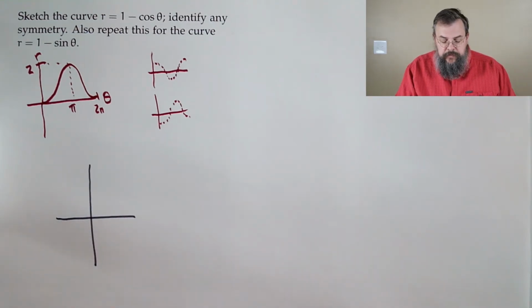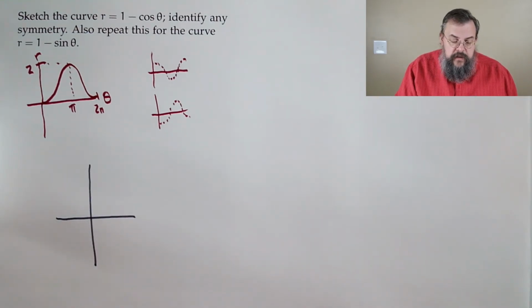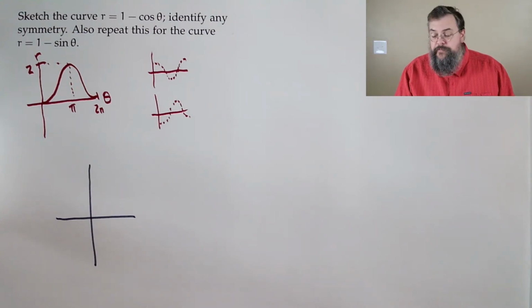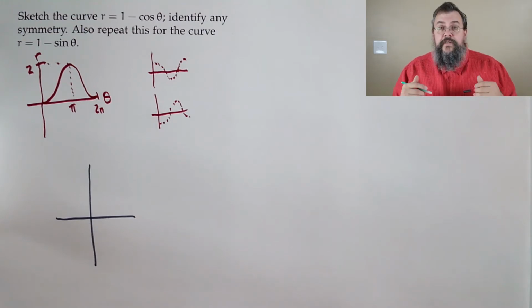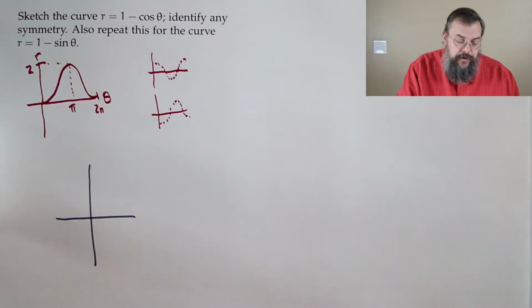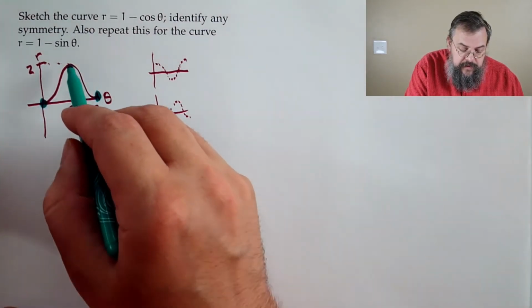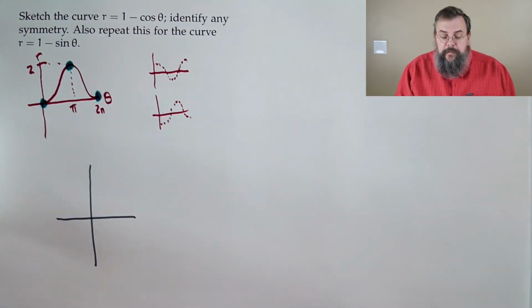And now what we do is we look at the following. We say, what are the interesting points? Well, for us, interesting points are when we're at 0 or when we're far away. Okay, well, then there are some definitely interesting points. So, namely, at 0, at pi, and at 2 pi.